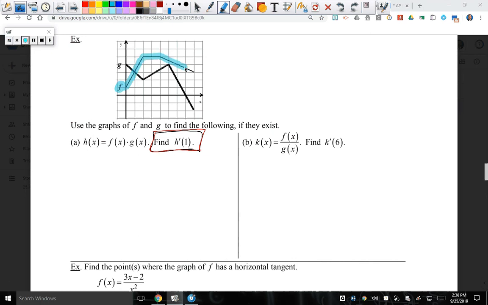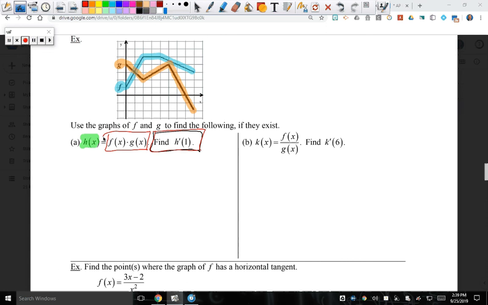I have an f and I have a g. But I do know that h is built from the multiplication that exists between f of x and g of x. Rovik, what do I do first? You plug in 1 to f of x and g of x.